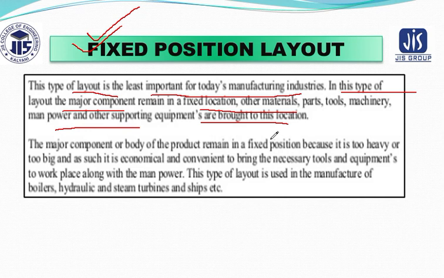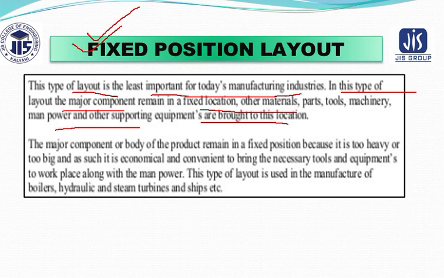If such a thing occurs, then obviously this type of layout has become least important for today's manufacturing industry. The major components or body of the product remain in a fixed position because it is too heavy or too big, and as such it is economical and convenient to bring the necessary tool and equipment to the workplace along with manpower.